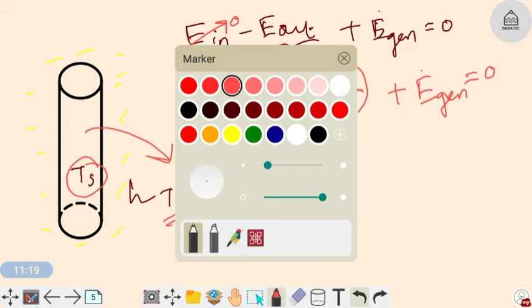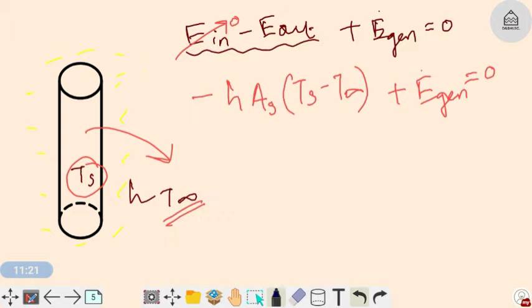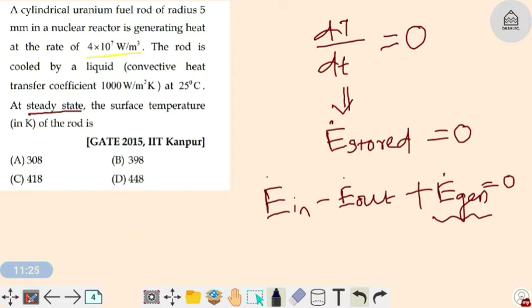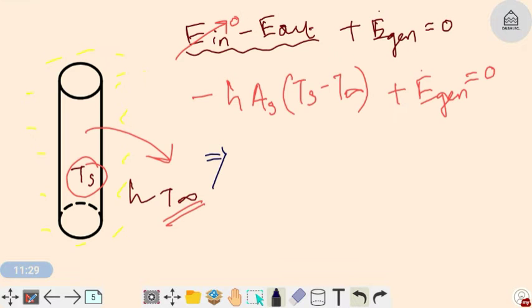So now H is given, 1000. Area is the surface area. The surface area is pi dl.